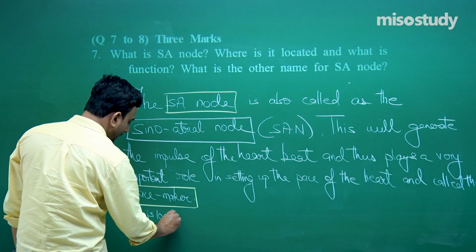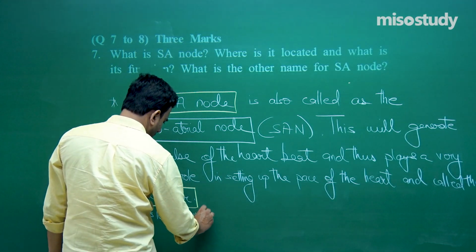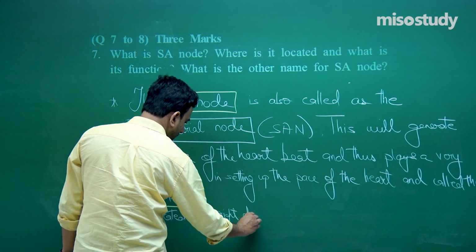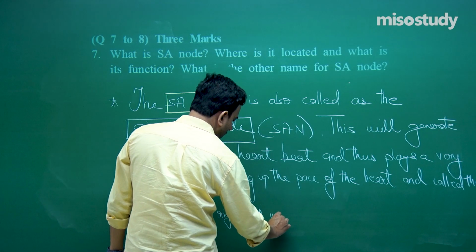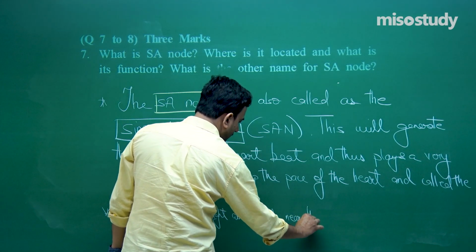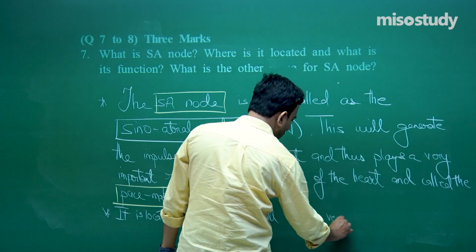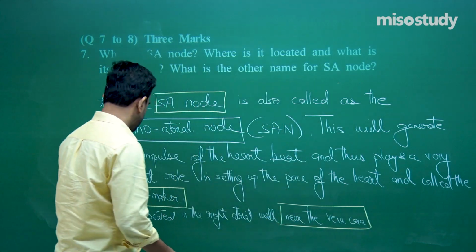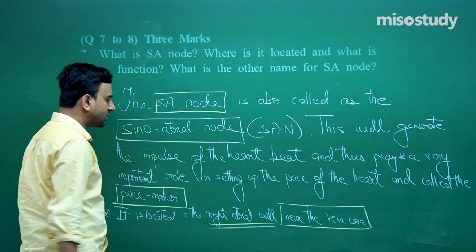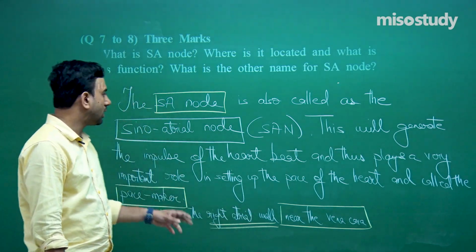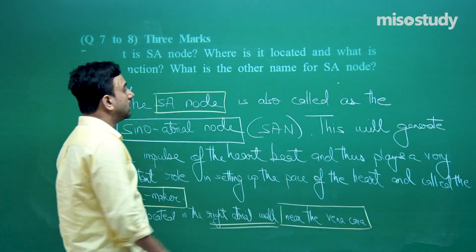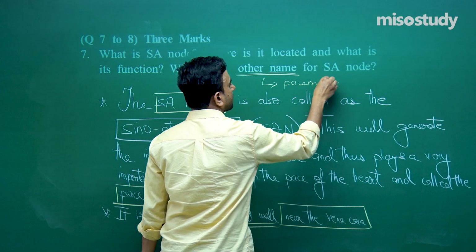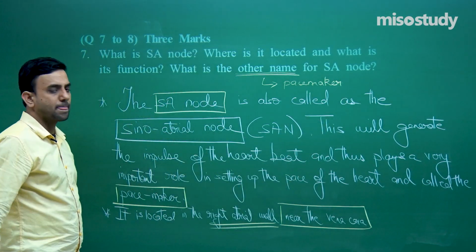So it is located in the right atrial wall near the vena cava, and the other name, as we have already said, is the pacemaker of the heart. Okay.